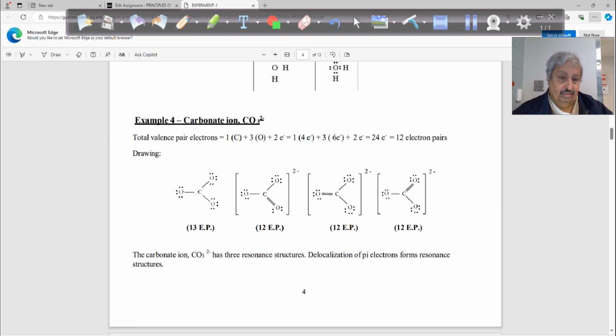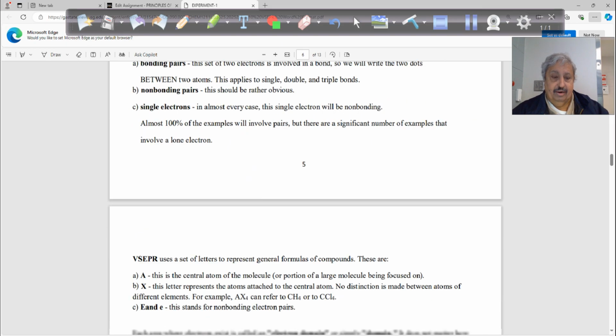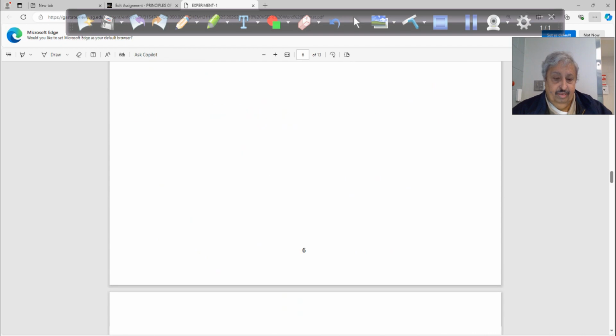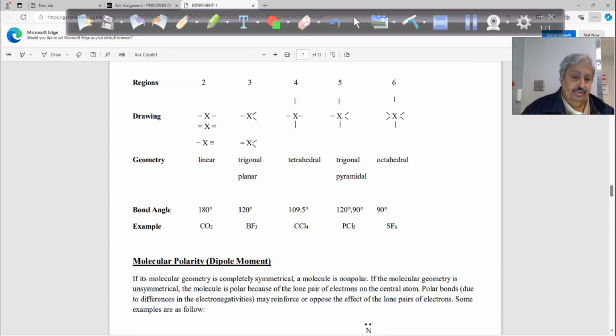That's the resonance here. You can look at those examples. Then we'll have those types of regions, and we'll have the bond angle and the example, and determine if they are polar or non-polar, correct?